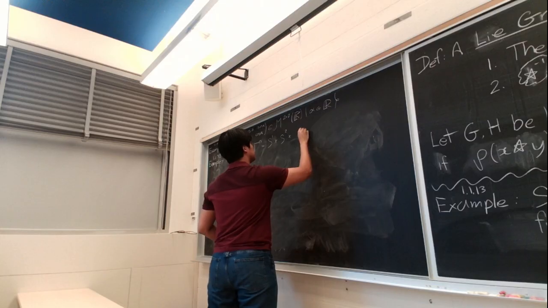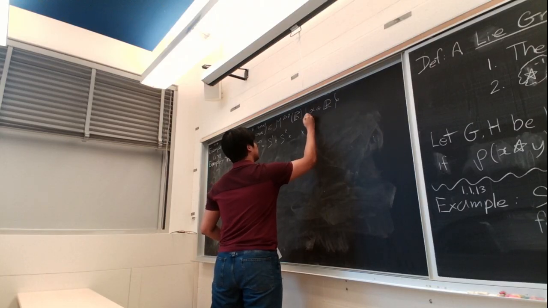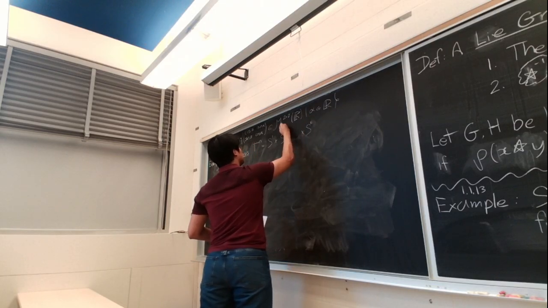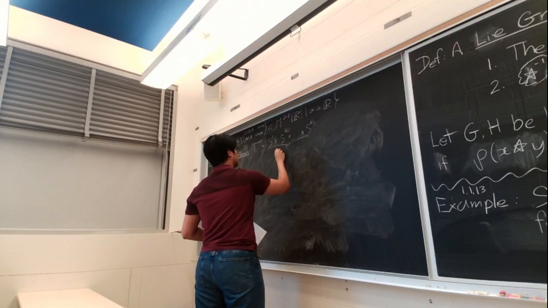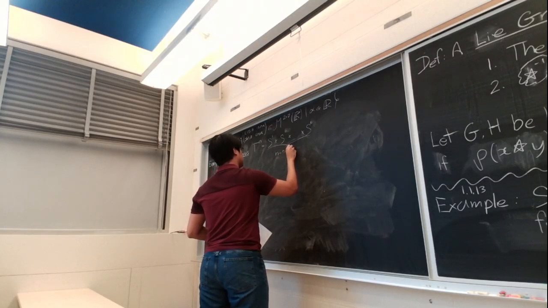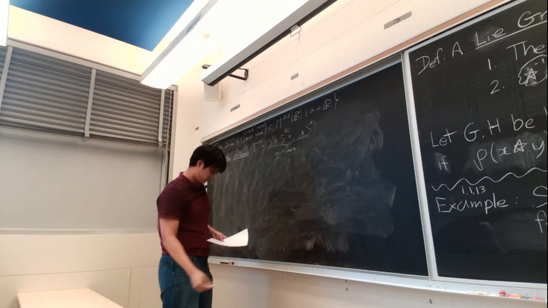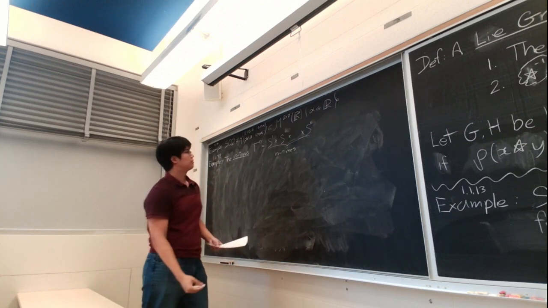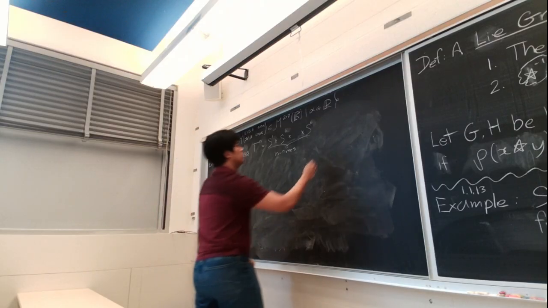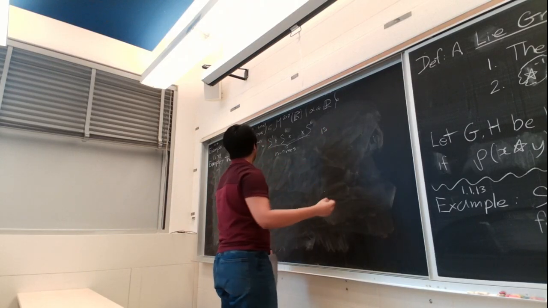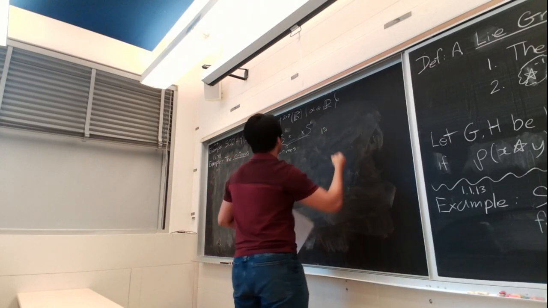Here the norm is equal to 1, but if I also allow scaling, then I just get the complex numbers. If you multiply this out, the multiplication is complex number multiplication, where the diagonal is the real part and the off diagonal is the imaginary part. I'm just going to say it's a Lie group.